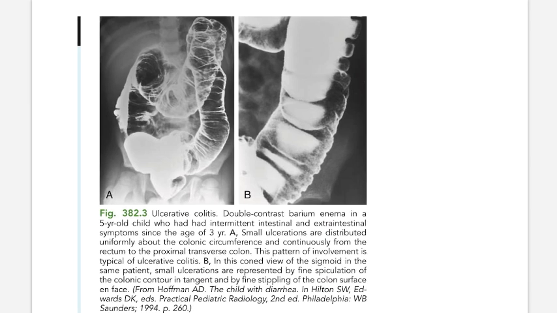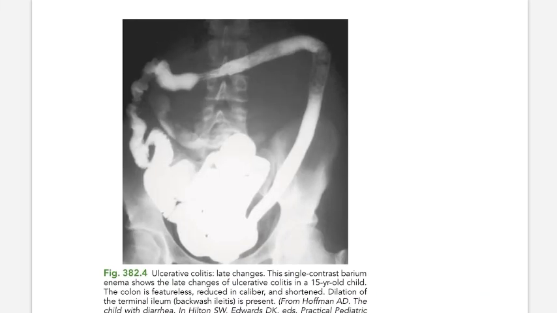Okay. So this is ulcerative colitis, a double contrast barium enema showing a 5-year-old child with intermittent intestinal and extraintestinal symptoms. Small ulceration, as you can see, is uniform in colonic circumference, starting from the rectum to the proximal colon. So this is basically a colonic view, and you can see the whole involvement of mostly rectal to colonic structures.